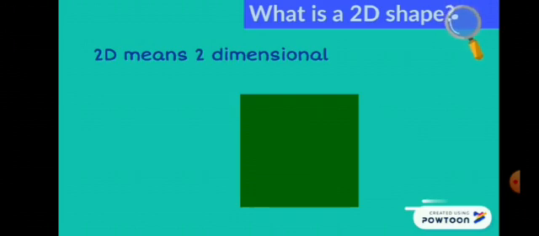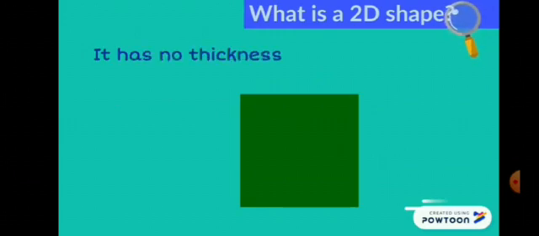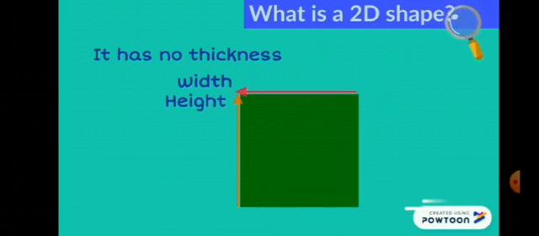As you can see here, a 2D shape goes side to side and up and down. It has no thickness as it is a flat shape. So, in a 2D shape, there is no thickness. Two-dimensional: width, height. Well done.